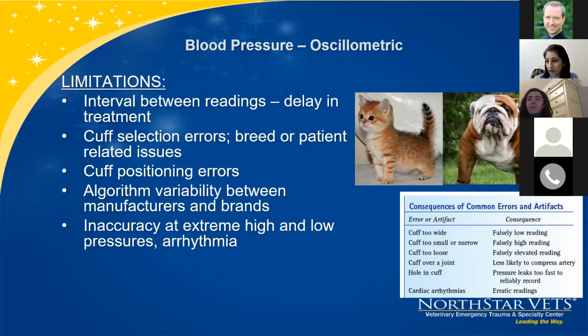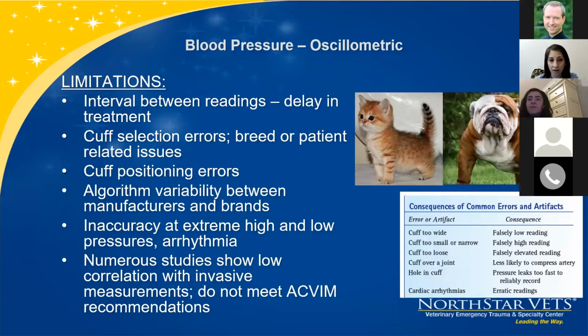Although the different companies have their own proprietary information, there is still a degree of inaccuracy amongst any unit at extremely high or low pressures, or when an animal has an arrhythmia. So all of those things tend to make it more difficult for these units to read accurately.